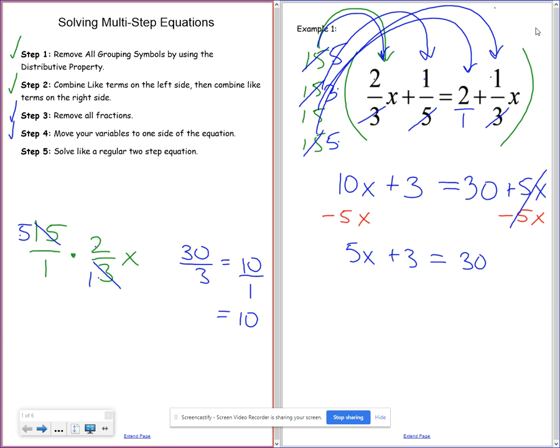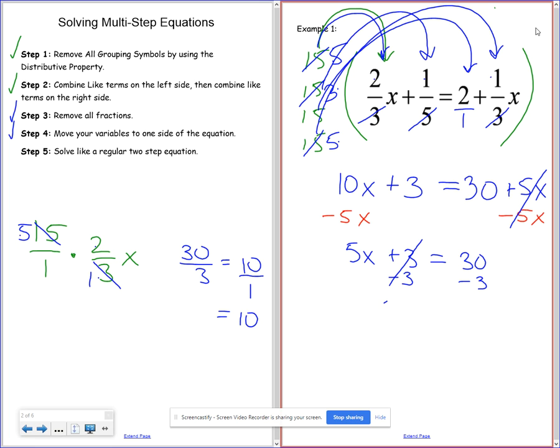So look at the side that has the variable. We want to get rid of the 3, so subtract 3 from both sides. We get 5x equals 30 minus 3 is 27. Then last, divide both sides by 5. So x is equal to 27 over 5.